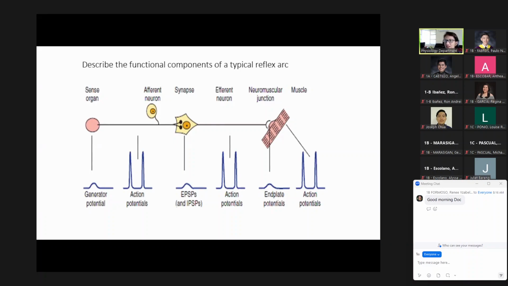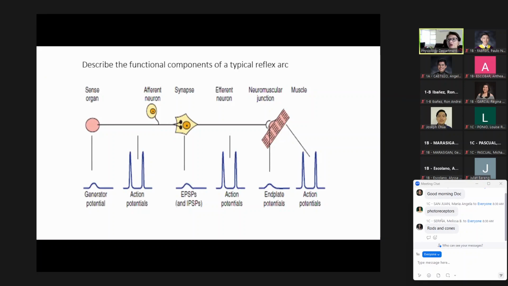Merkel's disc, yes. Ano pa? So, sa vision, ano ang ating receptor organ? Or sense organ? Or receptor cell? Doon na tayo sa receptor cells. Rods and cones. Yan, photoreceptors. Yes, because rods and cones are photoreceptors.